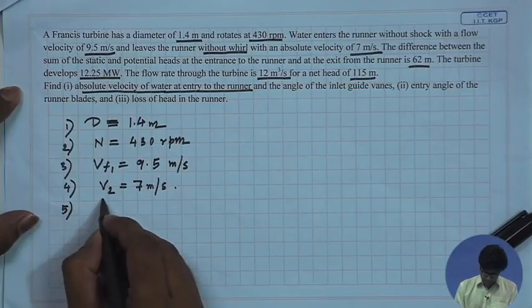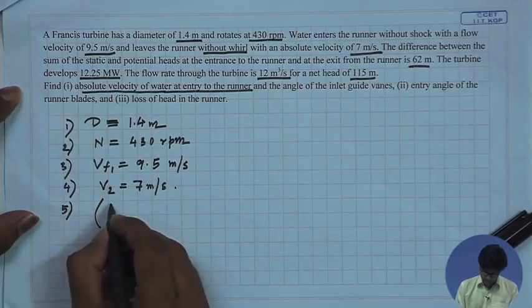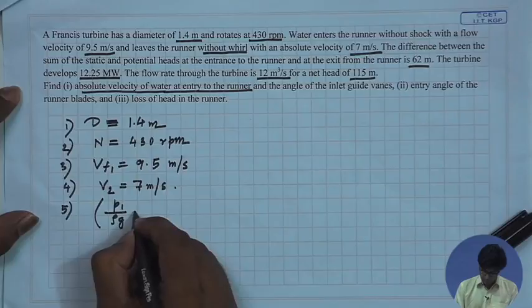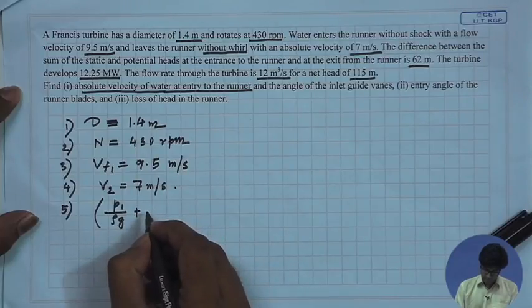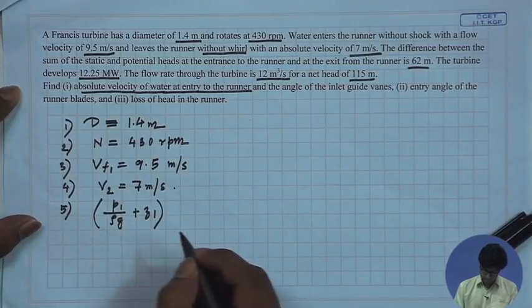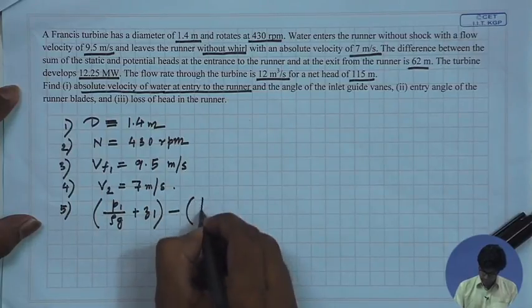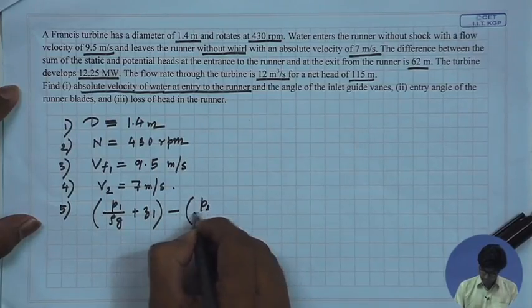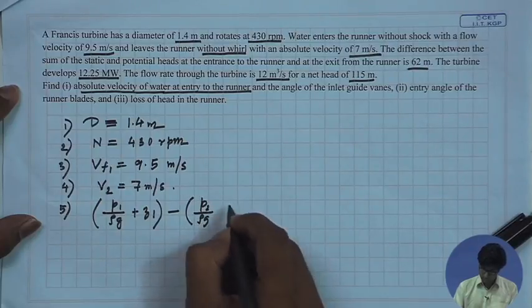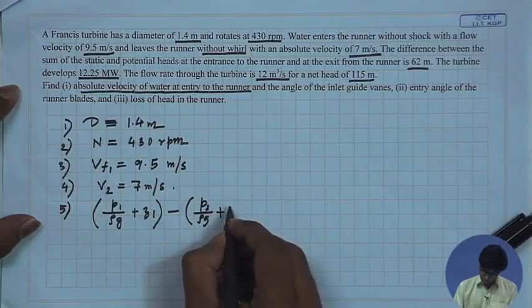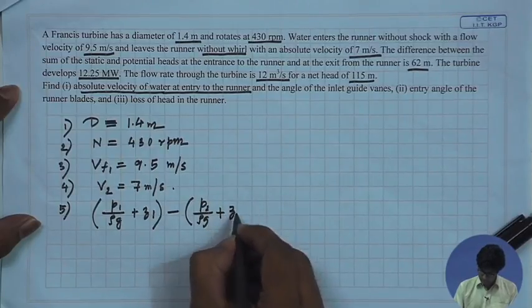That is, the sum of the static and the potential head at the inlet to the runner is given by P1 by rho g plus Z1, the elevation at the inlet to the runner, minus the static head at the outlet of the runner, P2 by rho g, plus the potential head at the exit of the runner, Z2.